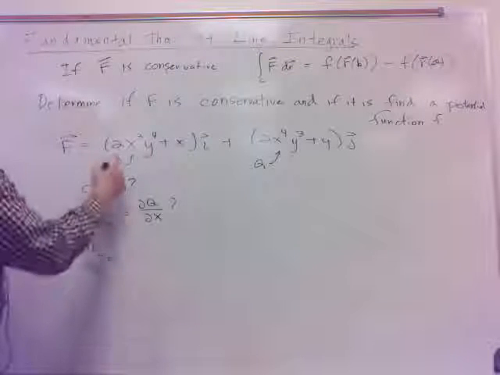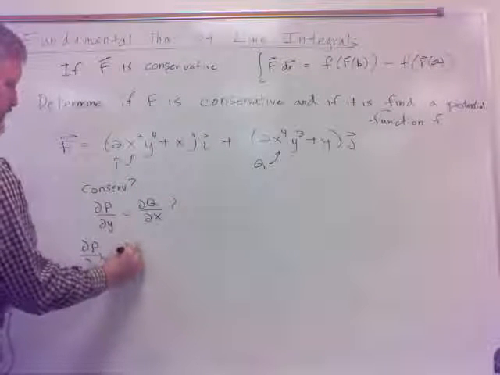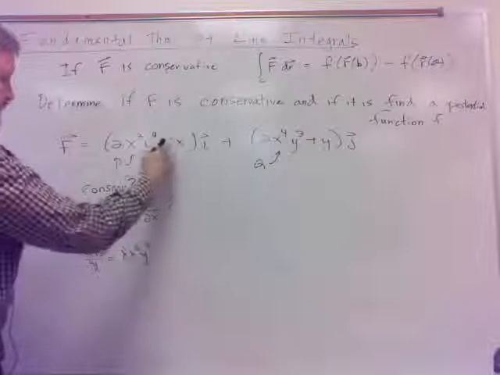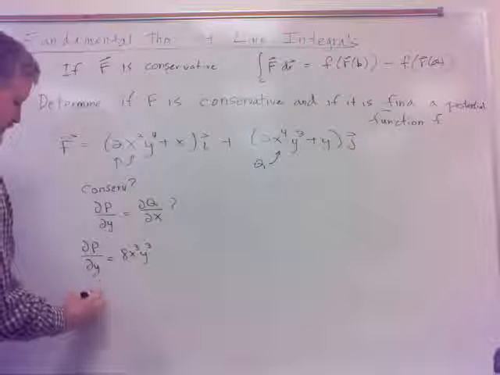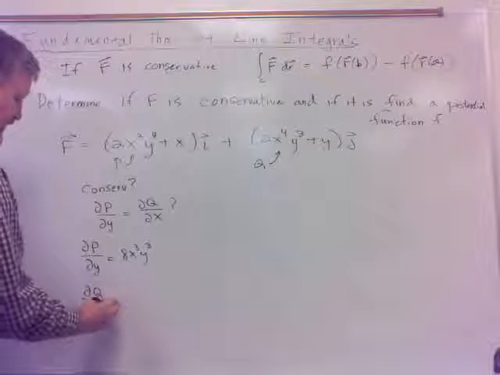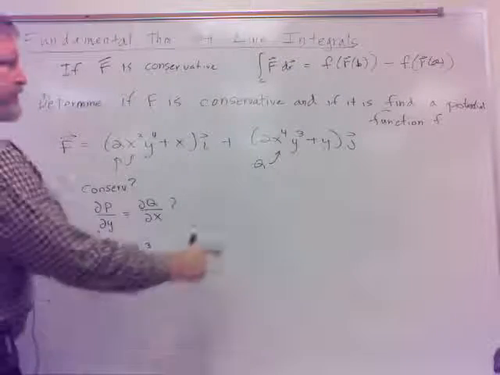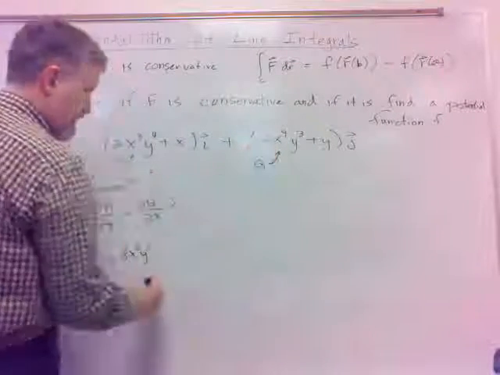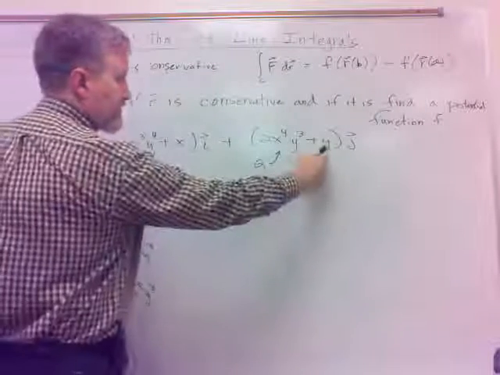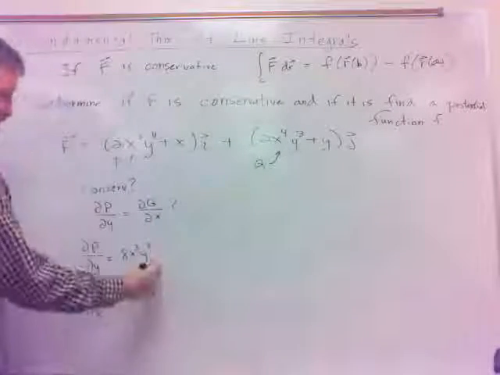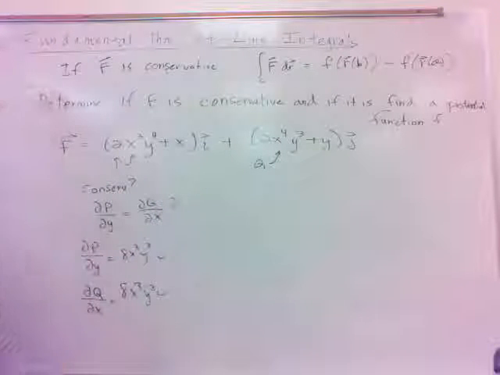It would be 8x cubed y cubed. That's just x, so it's 0. The partial of Q with respect to x, that would be 8x to the 3rd, y to the 3rd, and with respect to x, that's 0. Sure enough, those are equal, so it is conservative.